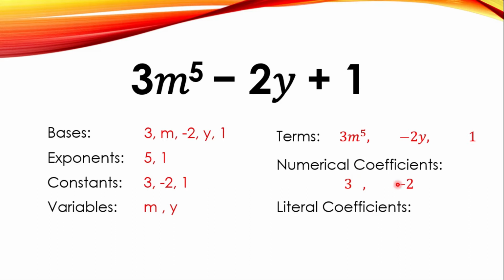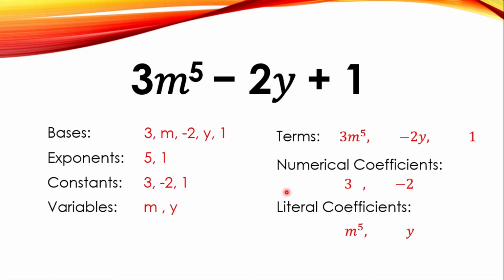Basta may magkatabi lang. And then, literal coefficients are the letters in each term. We have m raised to 5 and y. So, dito ka na mag-focus. When we say numerical coefficient and literal coefficients, just look at the terms.